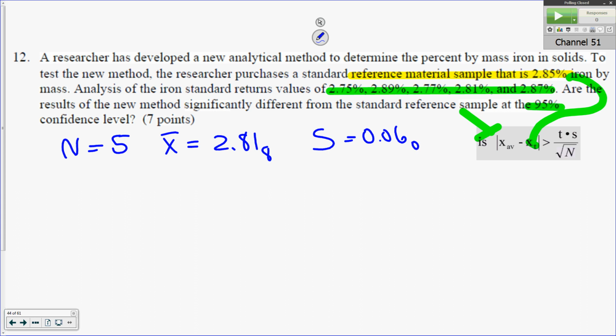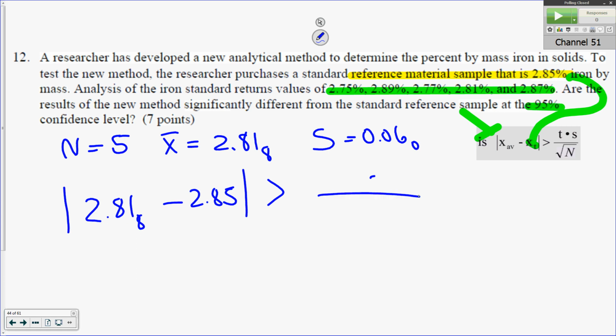Okay, so now I need to apply it to my confidence interval. In this case, it is the standard confidence interval. So my inequality is: my average, 2.818, less the accepted true value, 2.85. Is the difference greater than t times s divided by the square root of n? s is 0.060.